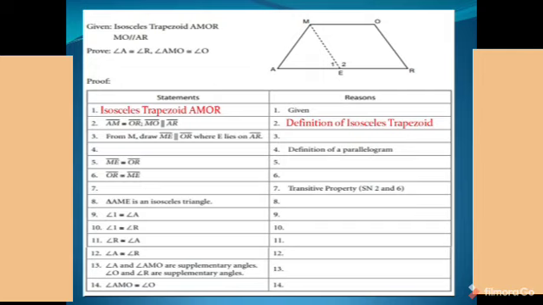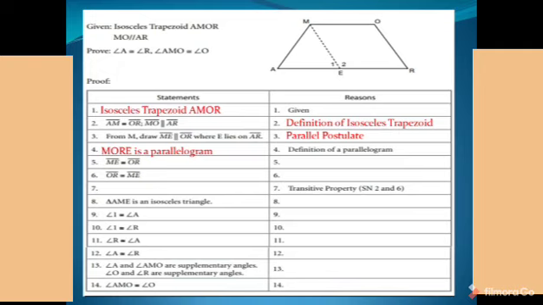Right there, from M, draw segment ME parallel to segment OR, where E lies on segment AR. That would be the parallel postulate. What would be our next statement with the reason definition of a parallelogram? Well, right there, segment MORE is a parallelogram.